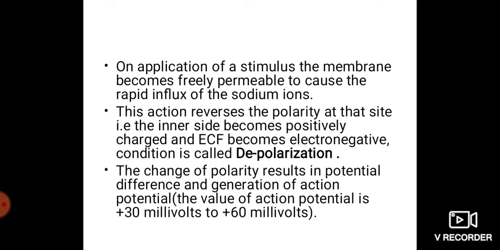The value of the action potential is minus 30 millivolts to plus 60 millivolts. On depolarization and polarization, there is a development of electric poles, there is development of an electric circuit, there is the development of action potential due to potential difference, and this action potential is nothing but the impulse.